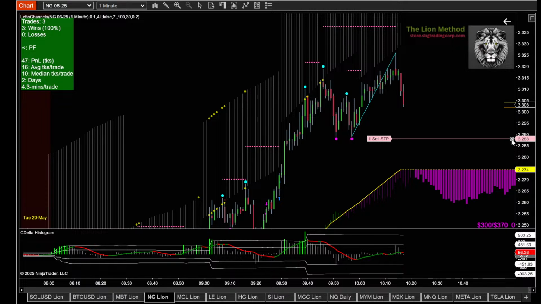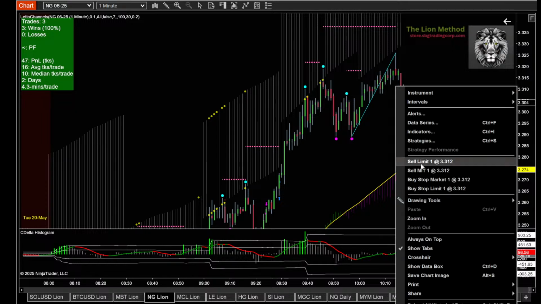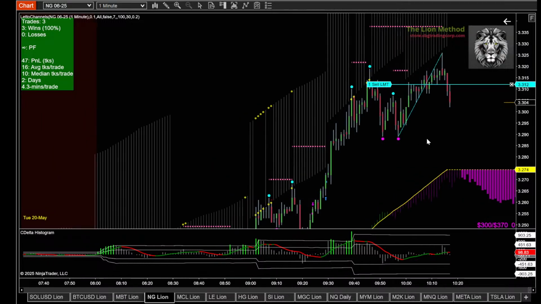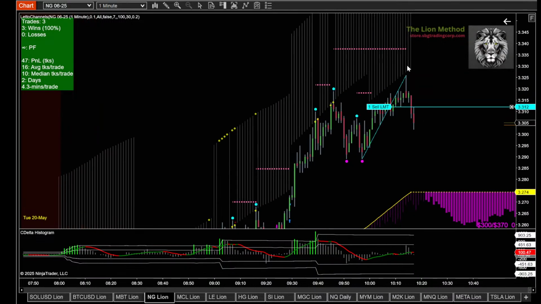Natural gas. Let's put a sell limit in at 3.312, and we're just going to risk a small amount here. We'll put our stop right above that swing high.